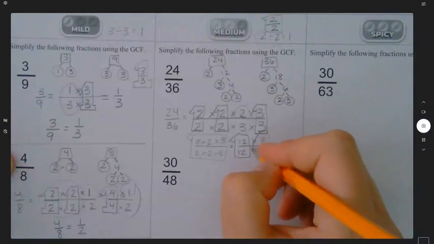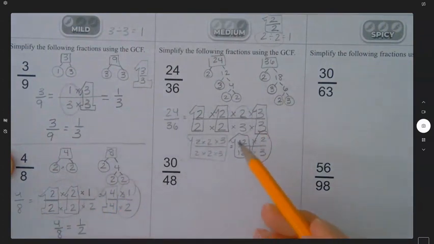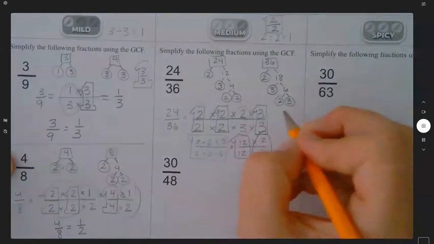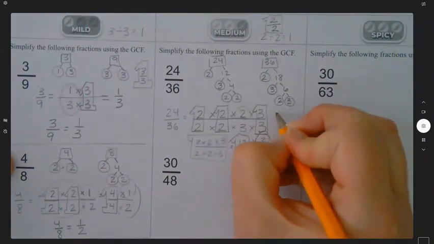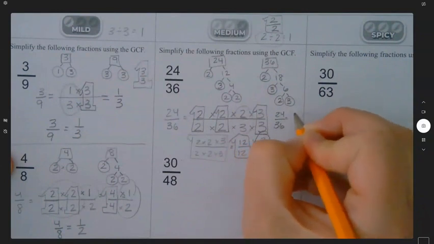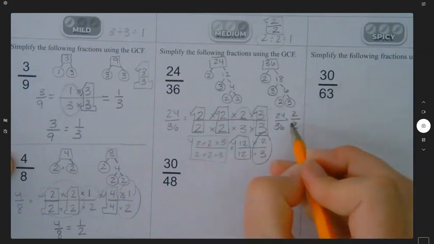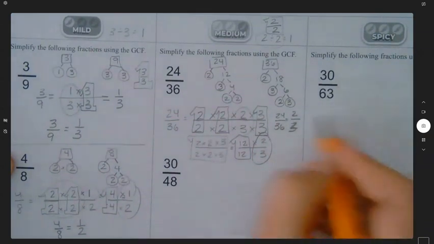And this would be my simplified fraction. So I'm basically taking out the greatest common factor, which is 12, and what is left is my simplified version. So 24 over 36, the simplified version, is 2 thirds.